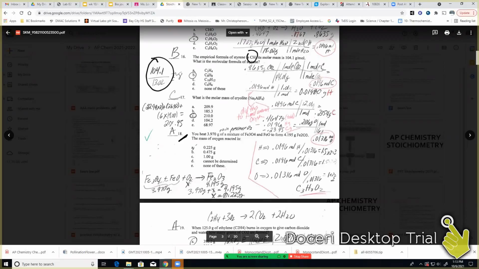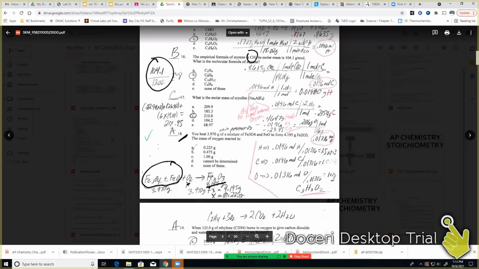This one down here, this one always is a hard problem. If you notice, I added in the presence of oxygen to try to clarify it a little bit more. I still think it's kind of a hard question. So it says that you had this mixture and you burned it in the presence of oxygen. And at the end, this is how much you ended up with.